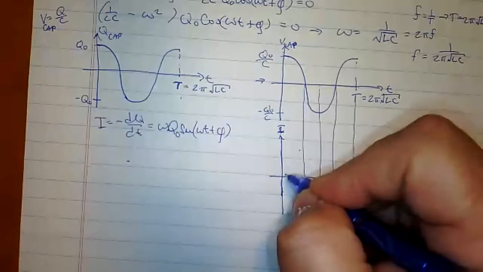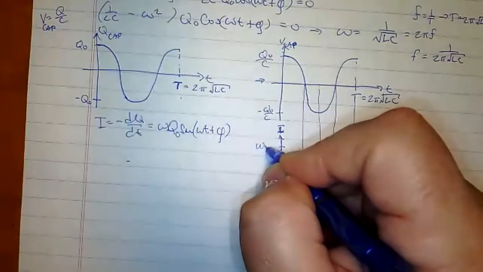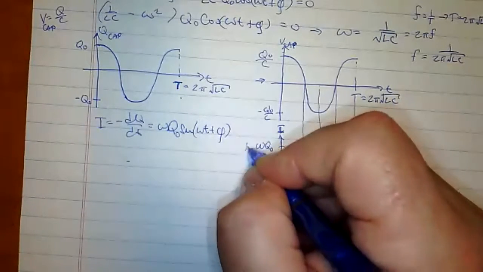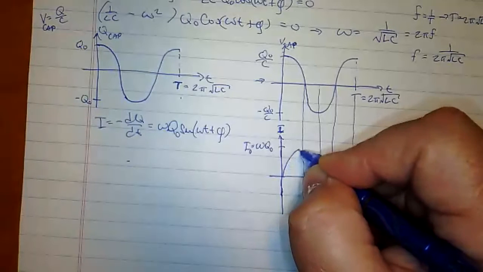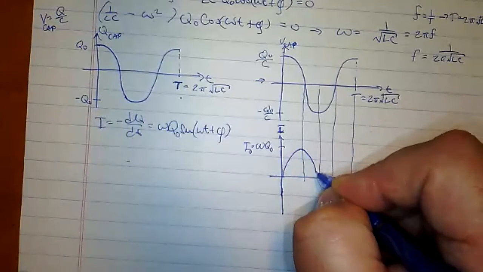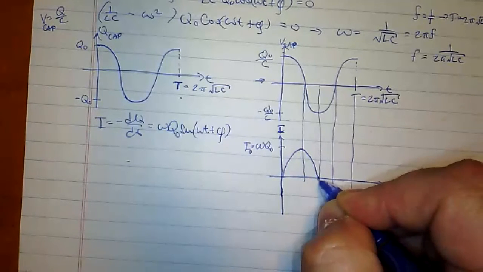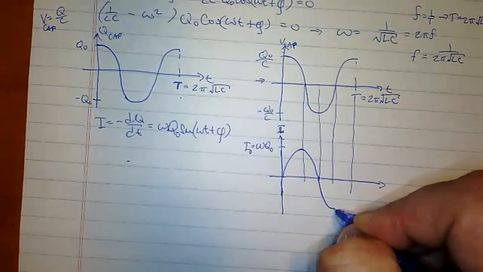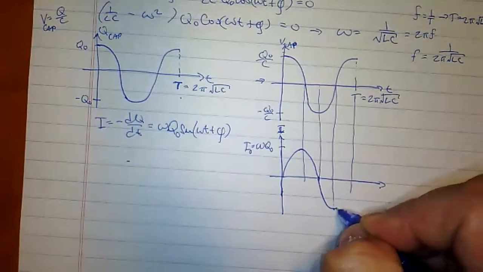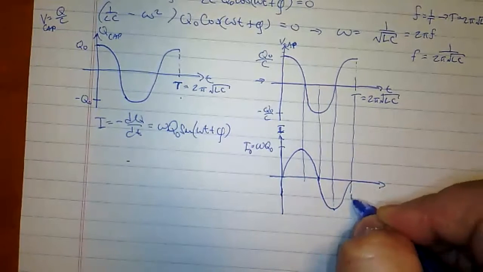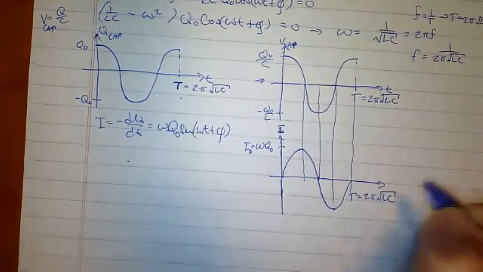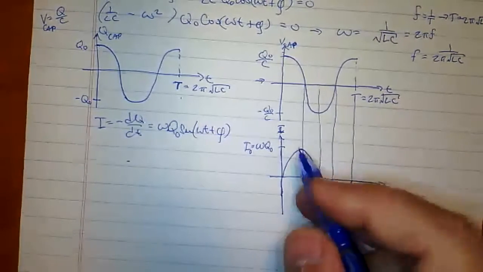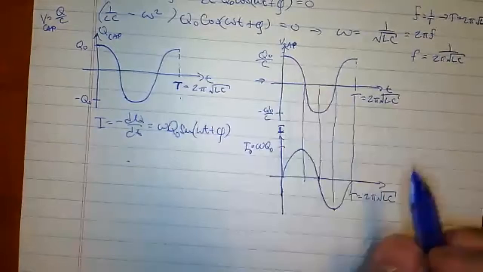So what we're going to do is say, okay, this is omega Q0, which is really I0. So this is going to come up, reach a max, reach a 0, reach a min, and then back to 0 at t equals 2 pi square root LC. So this is the current, and this is the voltage.